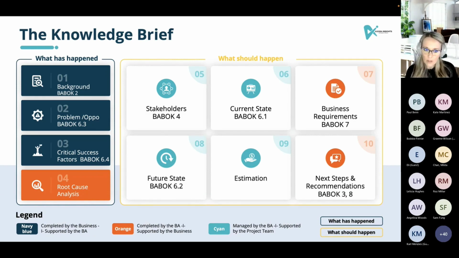We look at the background, and this is where, if you have been studying BABOK, you'll understand what the BACM, the business analysis core concept model, is, which focuses on a broad idea of what it is that you're looking at without leaning to one area. So we look at the need, the solution, the change, the stakeholders, the value, and the context. And context is probably the most important part in looking at part 1 of our knowledge brief.